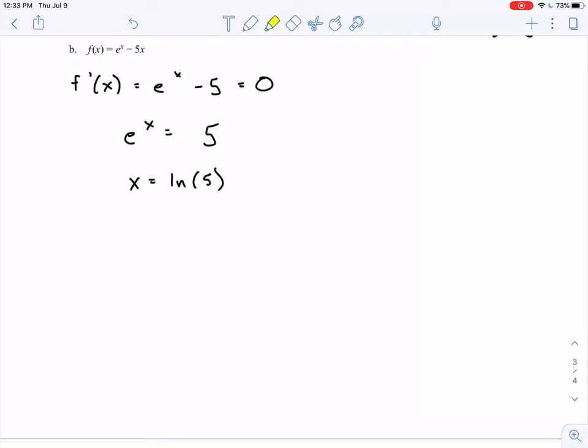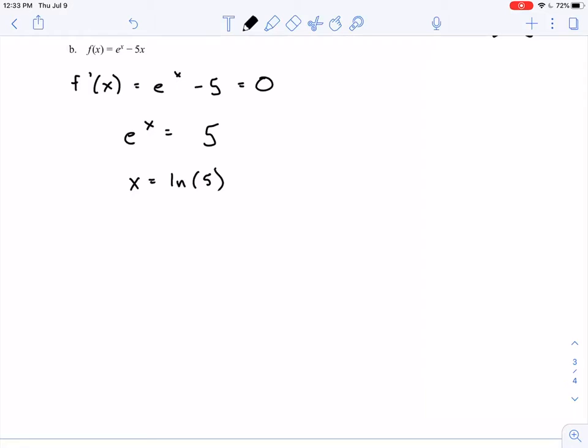Again, I should also consider where my first derivative is undefined, but in this case, e to the x minus 5 is defined for all real numbers, so I know that x equals natural log of 5 is my only critical number. Now I just need to determine, is this the location of a local maximum or a local minimum?